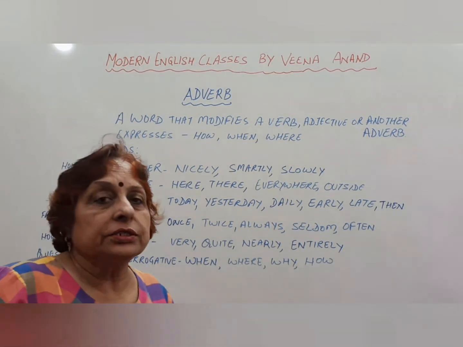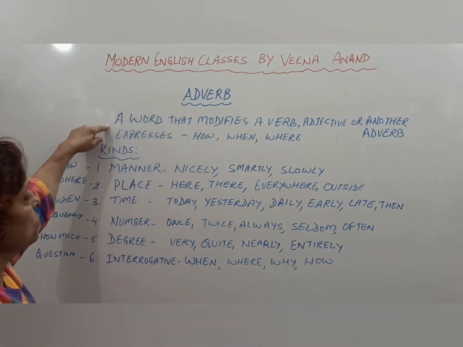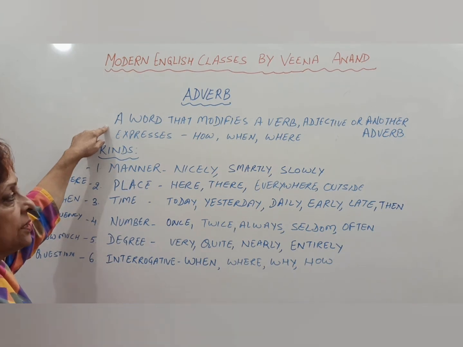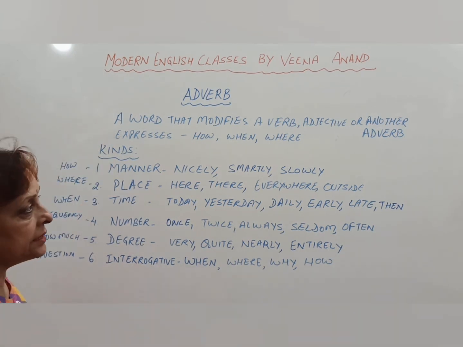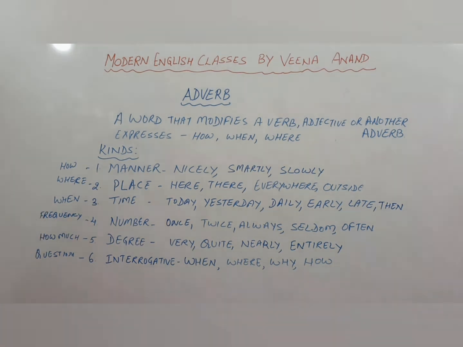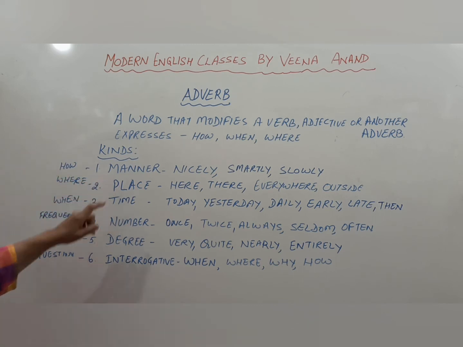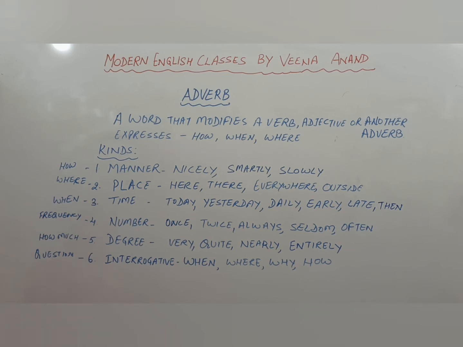Now let us see what an adverb is. An adverb is a word that modifies a verb or an adjective or another adverb. It expresses how, when, where an action is done. Now the kinds of adverb are: adverb of manner, which describes how the action took place: nicely, smartly, slowly.